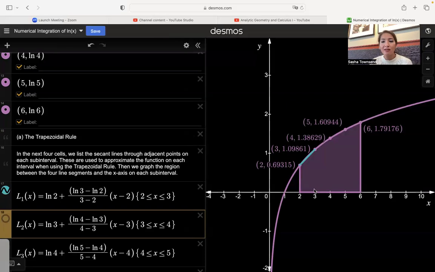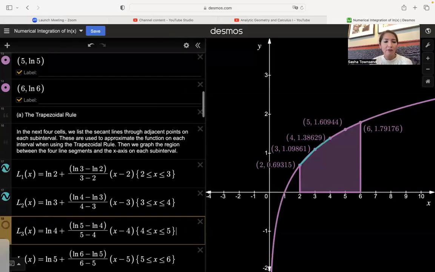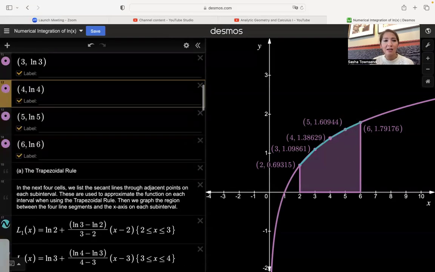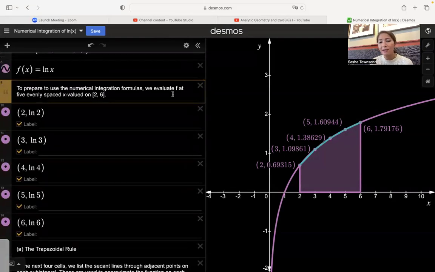We do the same thing on the interval from 3 to 4, and then the interval from 4 to 5, and then the interval from 5 to 6. And then we say, okay, to approximate that purple area, the area under the curve, I can find the area of each of the trapezoids that are defined by the line segment that connects the x-axis to that function value.